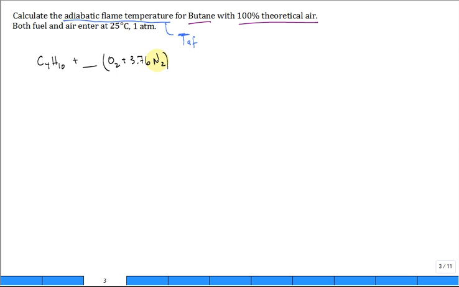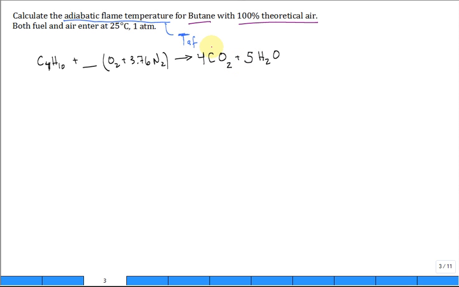We'll figure out that coefficient in a minute, but it's complete combustion, and the carbon in the hydrocarbon fuel goes to CO2, and then we see that there's 4 carbons on the left-hand side of the reaction equation, hence there has to be 4 carbons on the right-hand side. Similarly for hydrogen, the hydrogen in the fuel, there's 10 of them. There's no hydrogen in the air, so the 10 H's on the left go to 10 H's on the right, meaning that there's a 5 in front of the water.